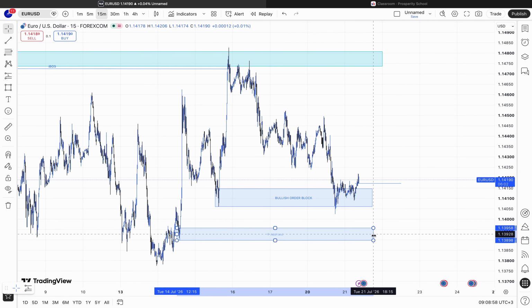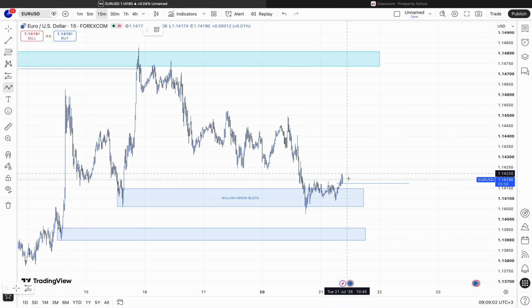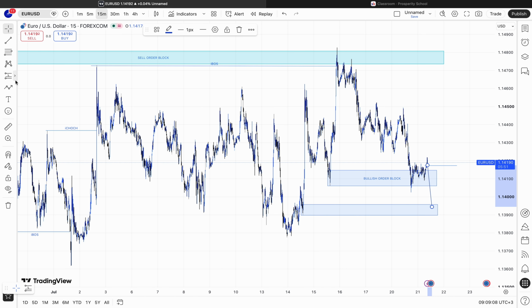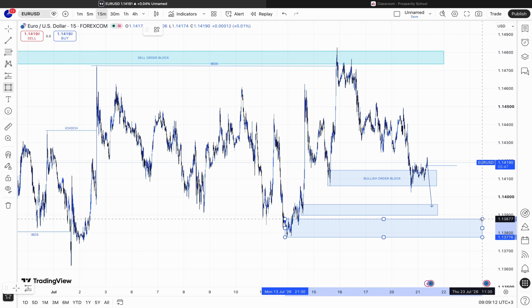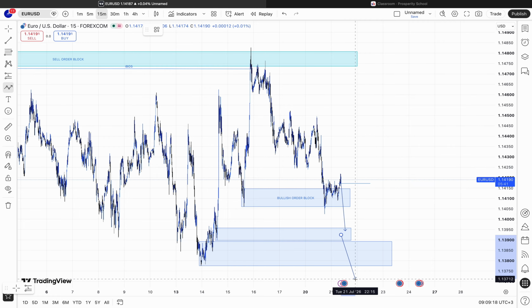So I'm expecting the price to push a little bit lower to this area, right? And then my final scenario will be another order block which is around here. If the price disrespects this area, just wait for the break, then we test, then a continuation to the downside.